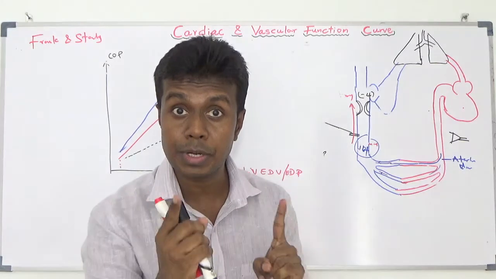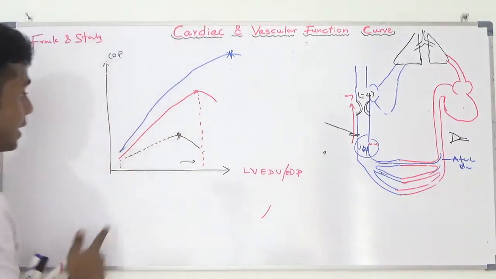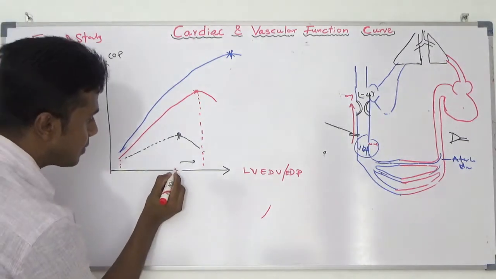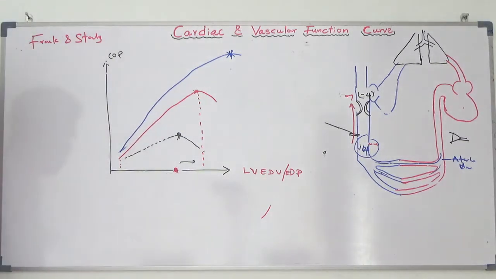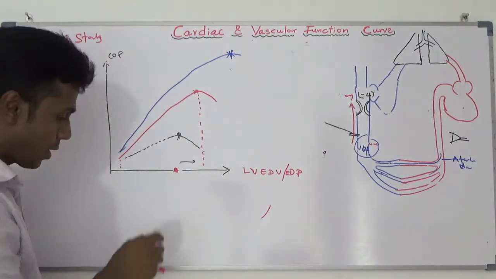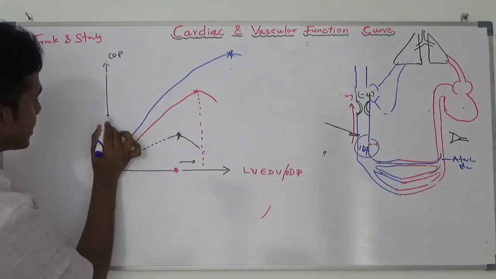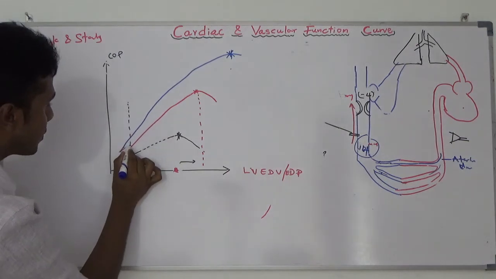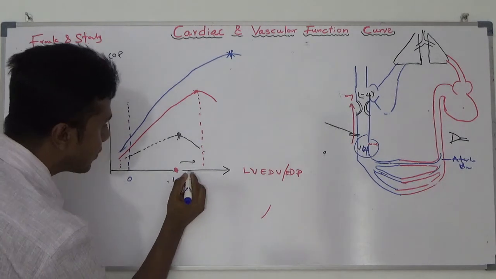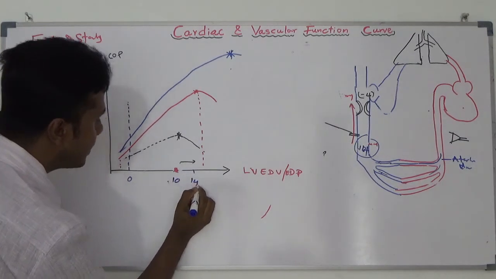Now I am going to combine those two together. Here, the venous return is going to start from here to here. Venous return is going to start from this line. Here you are 0, here you are 10, here you are 14.